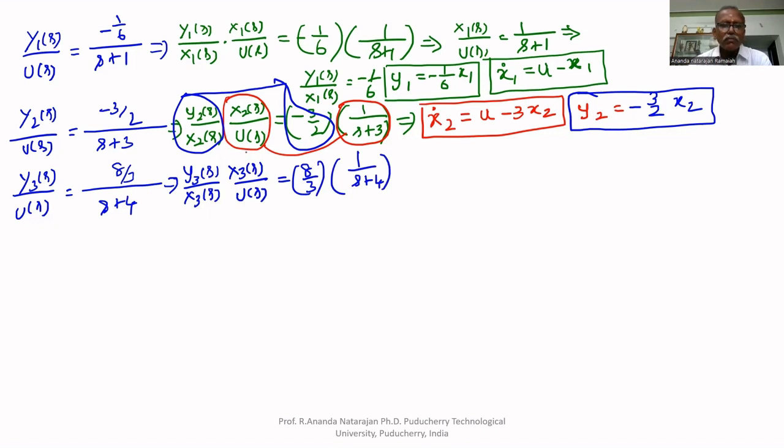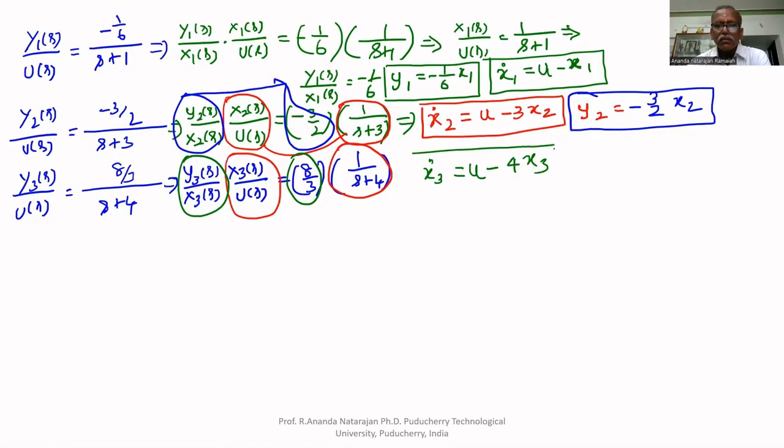You have to combine this and this together. If you combine, what you will get, x3 dot equal to u minus 4x3. This is one equation. Another equation is y3 equal to 8 by 3 x3.